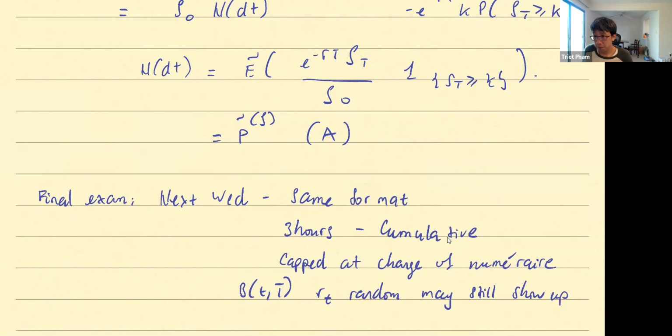But if they show up, they will show up under the framework that you know how to handle, under some kind of change of numeraire, or straightforward usual pricing, or applying Ito's formula.